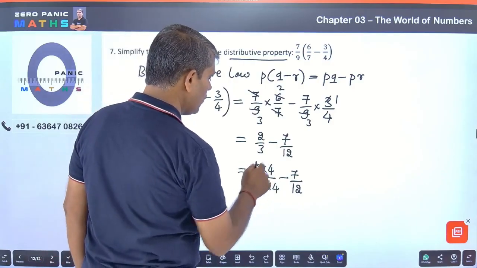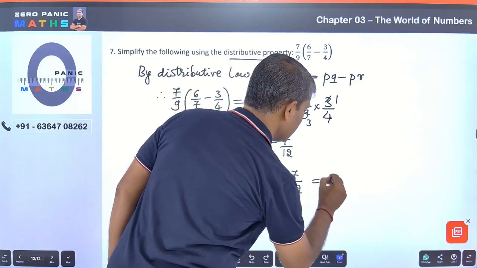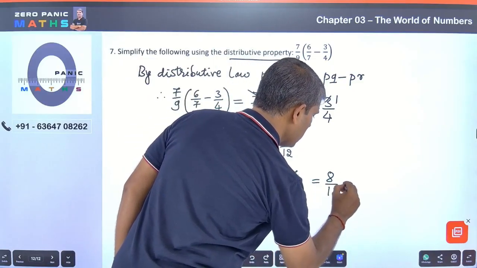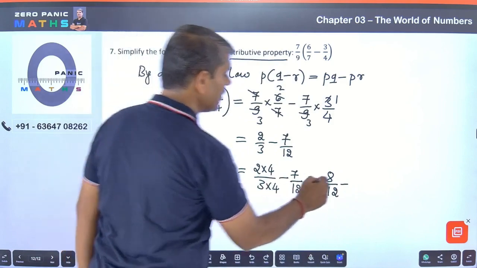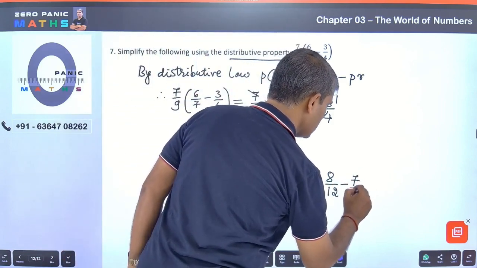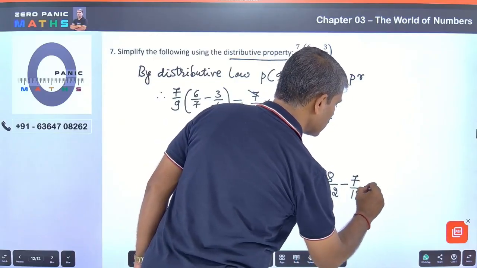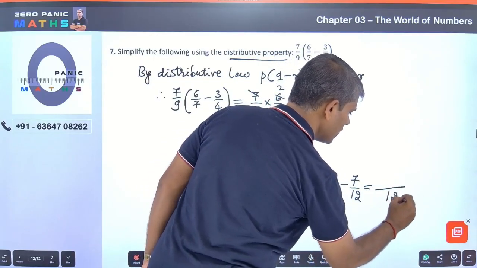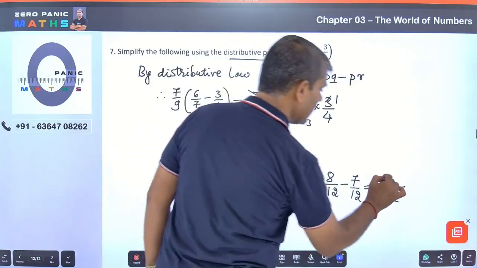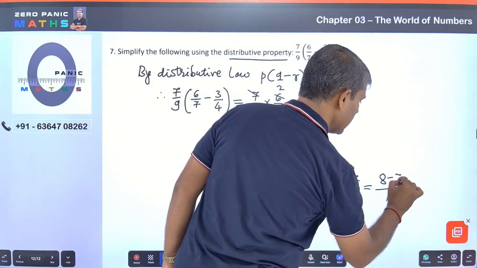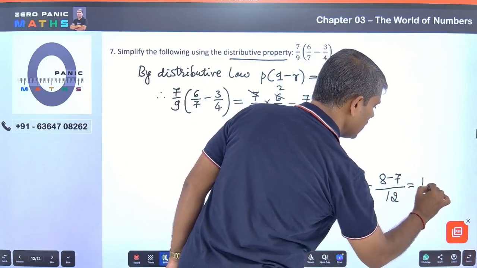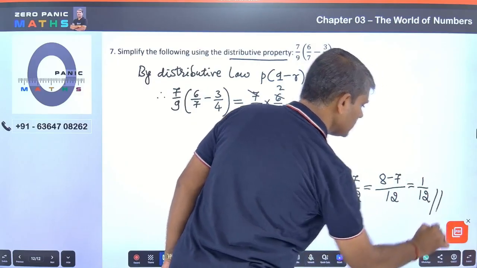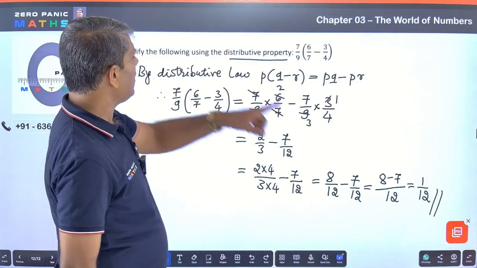Okay, so 2 fours are 8 by 12 minus 7 by 12. So when both the denominators are equal, I have to keep the denominator the same, and 8 minus 7, so it is finally 1 by 12. So that is the simplified version of this.